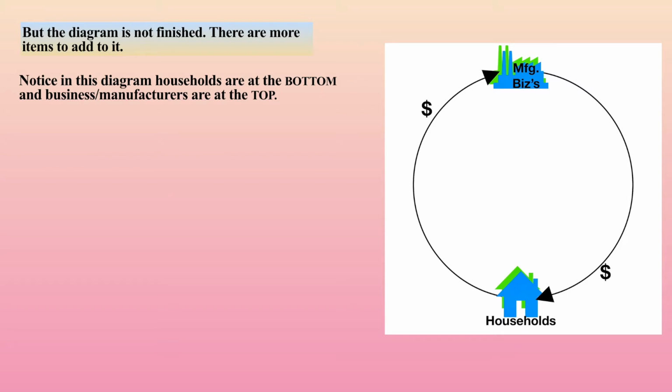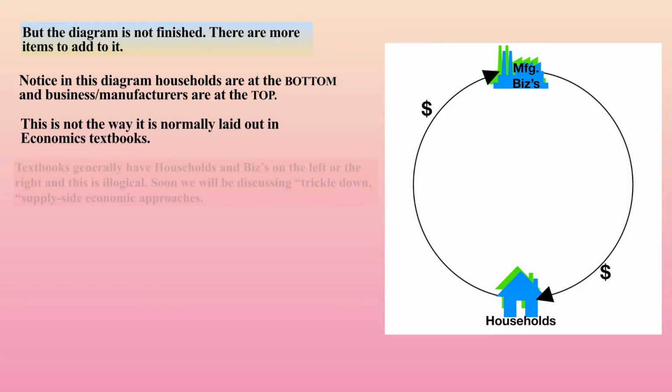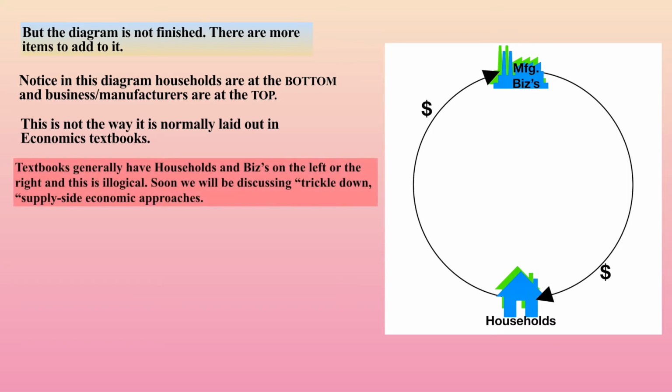Notice in this diagram, households are at the bottom and business manufacturers are at the top. This is not the way it is normally laid out in most economic textbooks I have seen, and to me this is the most rational way to do it. Textbooks generally have households and businesses on the left or the right, and this is illogical. Soon we will be discussing trickle-down supply-side economic approaches, for example.